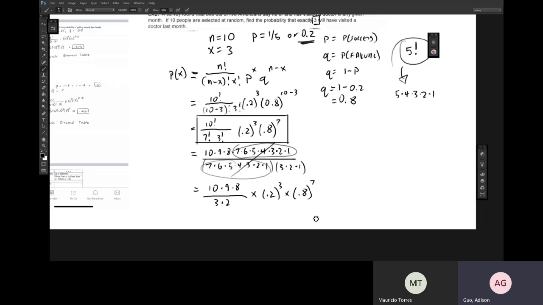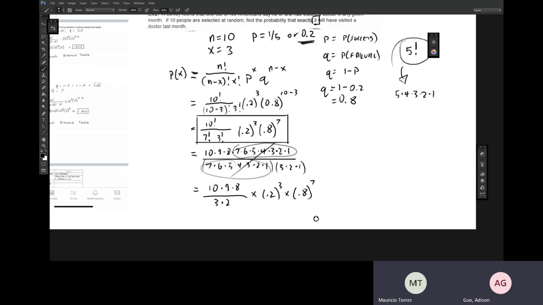Let me put it into mine so we can check if we get the same answer. Oh, okay. Now I see where I got 120. Oh, you got it? Yeah, so it's 720 and then divided by 6 equals 120. Nice.